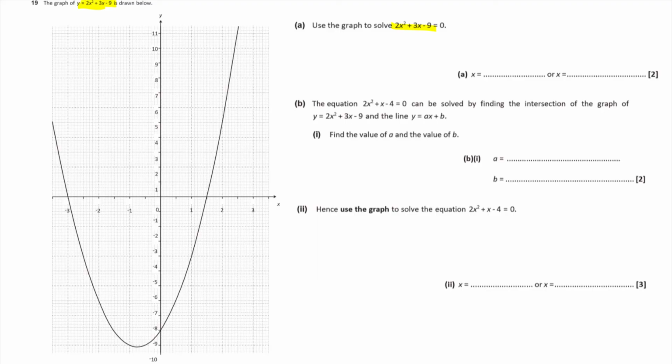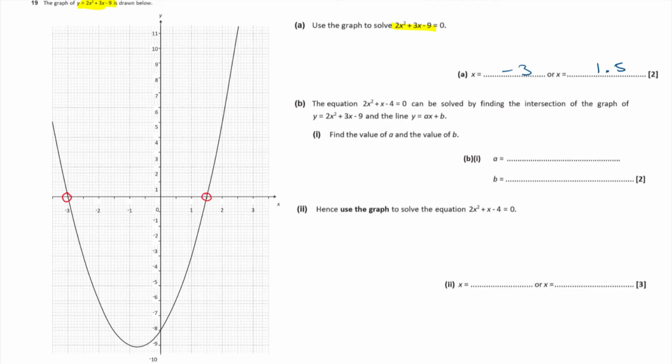So all I need to find is the roots of this graph, which is where it crosses through the x-axis, so that point there and that point there. So all I've got to do is read those numbers off the x-axis. The one on the left is minus 3, isn't it? x equals minus 3.